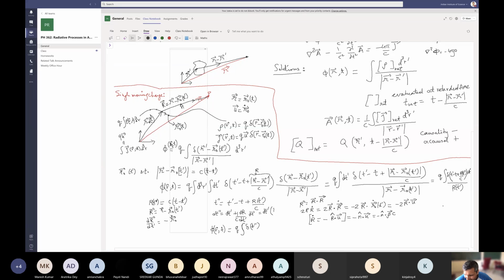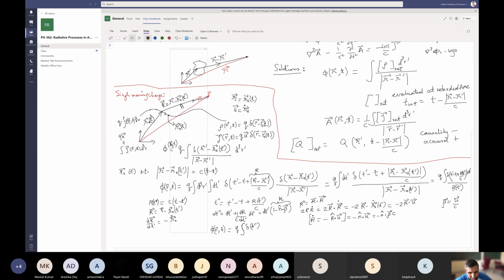Beta is nothing but u by c at the retarded time. This is used quite a bit in special relativity, this beta. So dt prime times 1 minus n hat dot beta. The book calls this kappa. So just remember these.